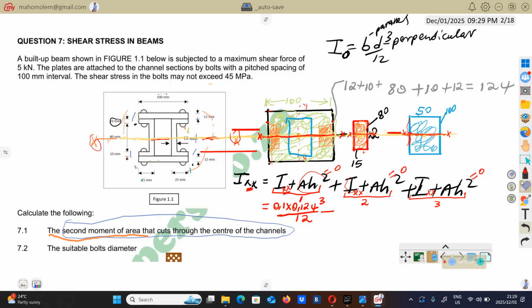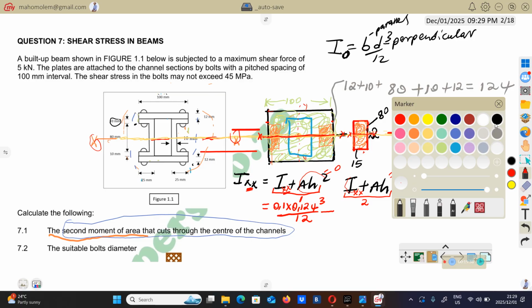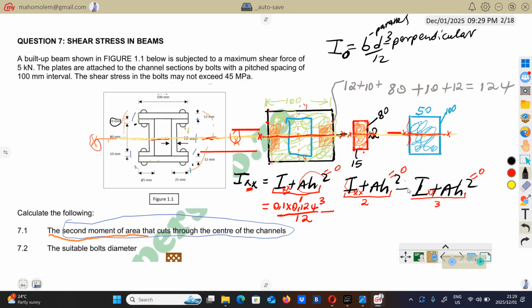Where is this plus coming from now? We subtract. Right. For the second rectangle, you will have parallel to this x here, it's going to be this side of 15.